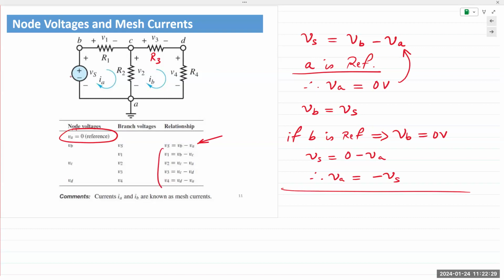Now I can express each one of these resistor voltages, V1, V2, V3, and V4, in terms of those node voltages. And here's where that polarity comes into the picture. Polarity for V1 indicates that B is higher than C. And so when I write the equation for V1, I would say it's VB minus VC.